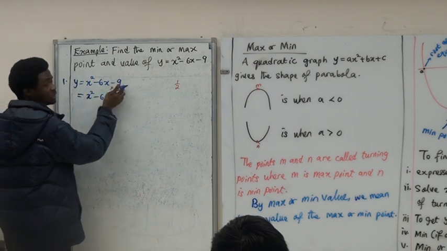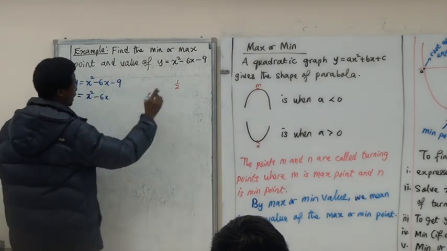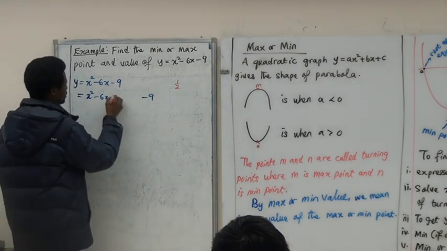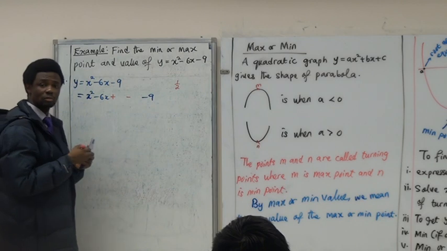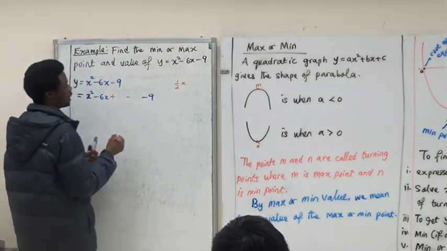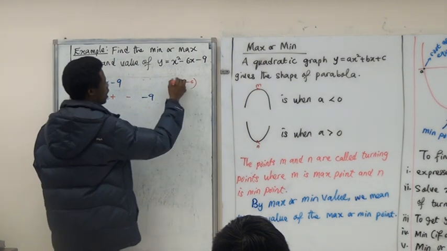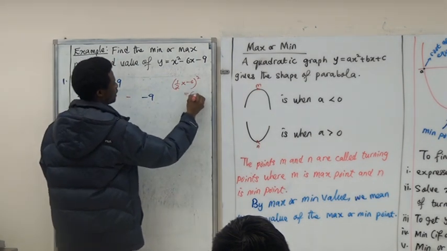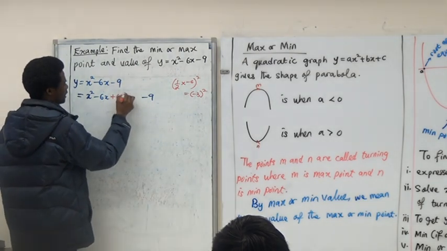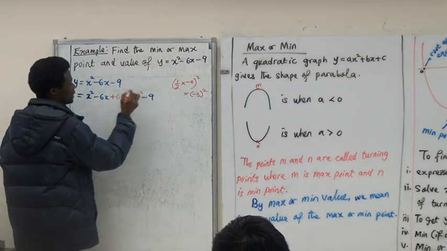What do we do to this one? Put it outside. Then we know we are going to add something and subtract it immediately, right? What is that thing we are adding and subtracting? Half times negative 6, all squared. So that would be negative 3 squared. So we are adding negative 3 squared and removing negative 3 squared.